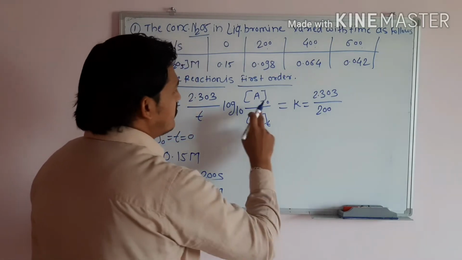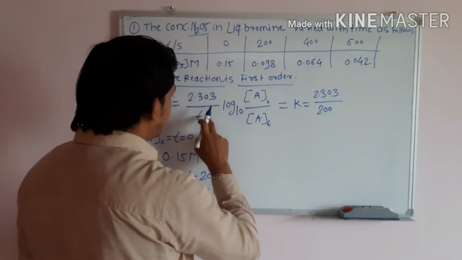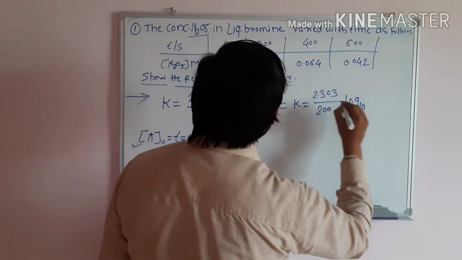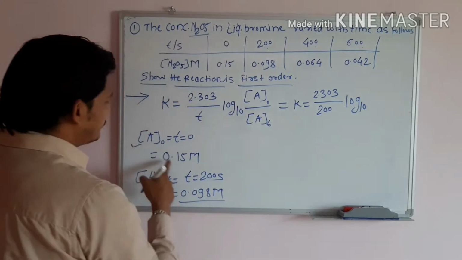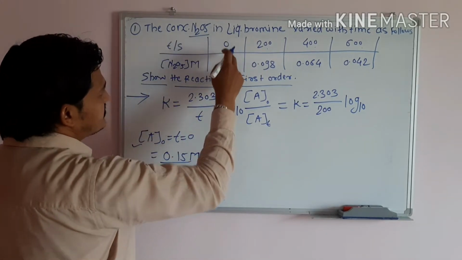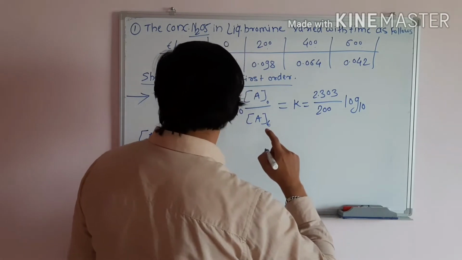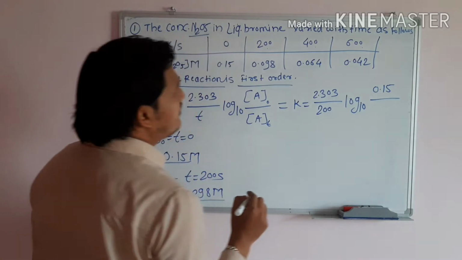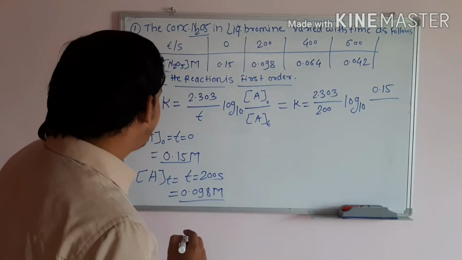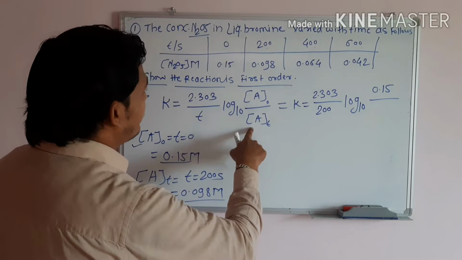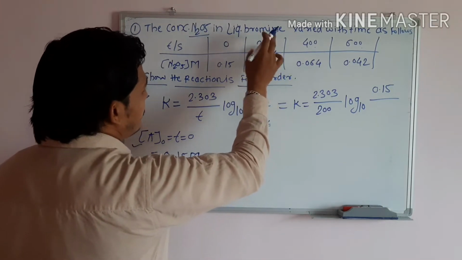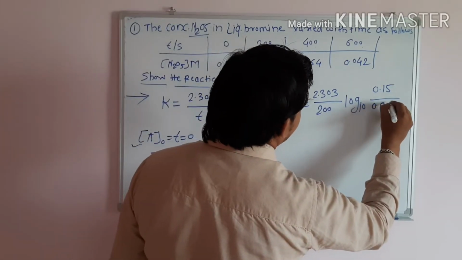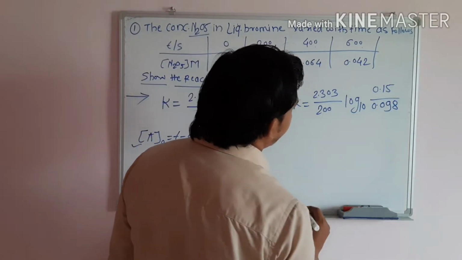So 2.303 divided by 200 log to the base 10, initial concentration A0 is the fixed value 0.15 molar, divided by AT, which in the limit 0 to 200 is 0.098 molar.